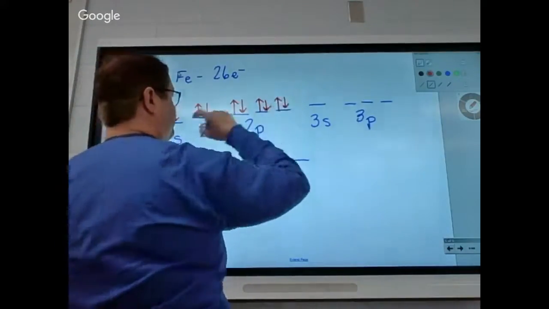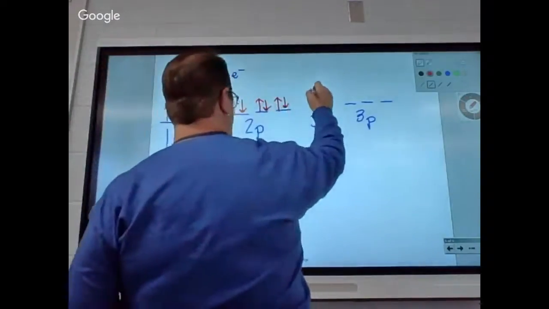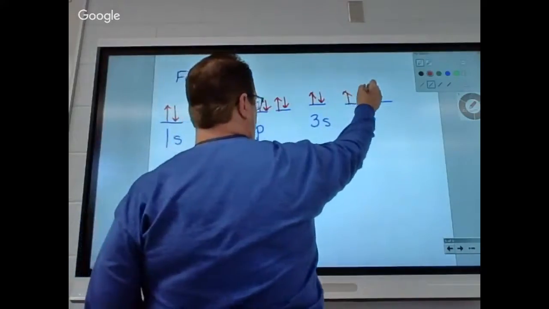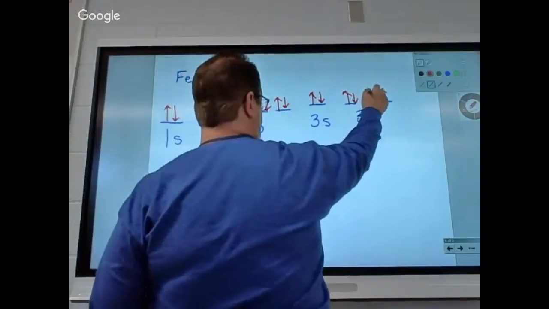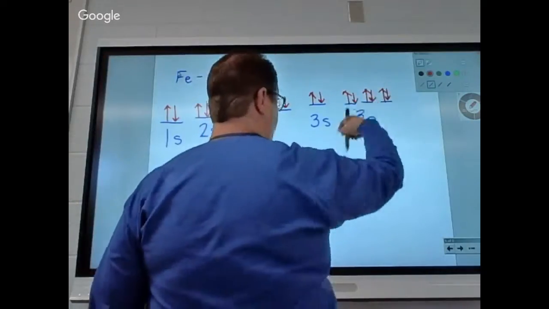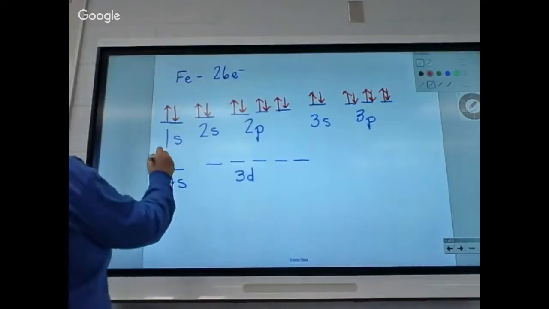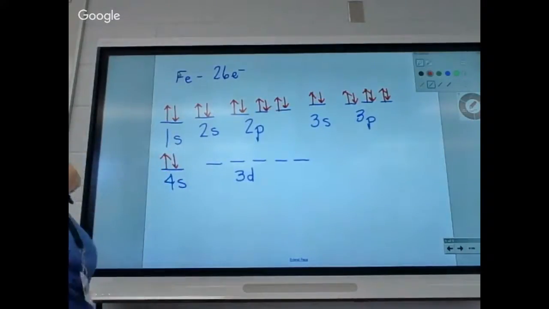Wait, so can you not do 2 and go throughout the entire thing and then go back? No, you can't. So 1, 1, 1, and then they share. Now, if you want to do 2 2 2, I don't care, as long as you don't mess up the 3D. 1 and 1. Now, we're at 20 right there. That's 20 electrons.